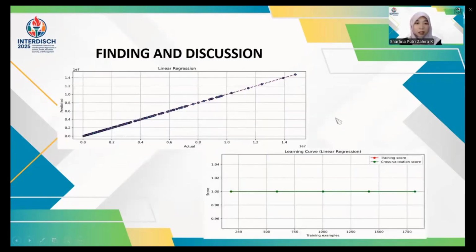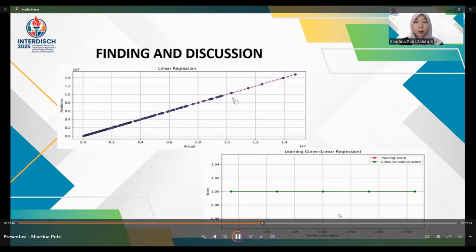Next, findings and discussion. Here are the scatter plot and learning curve images. The scatter plot shows the predicted values on the x-axis and the actual values on the y-axis. Each point represents one observation. The points form a straight line from bottom left to top right, indicating a strong positive correlation between predicted and actual values.